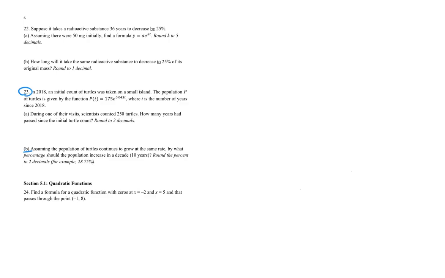Okay, and then for 23b, we want to find the percentage that the population should increase in a decade. So I'm just going to find the percent change from 10 years to 0 years, our initial value. And remember that our initial value when we plug in t equals 0 should just be 175. So I will just go ahead and compute the number of turtles after a decade. That should be 175 e to the 0.045 times 10.